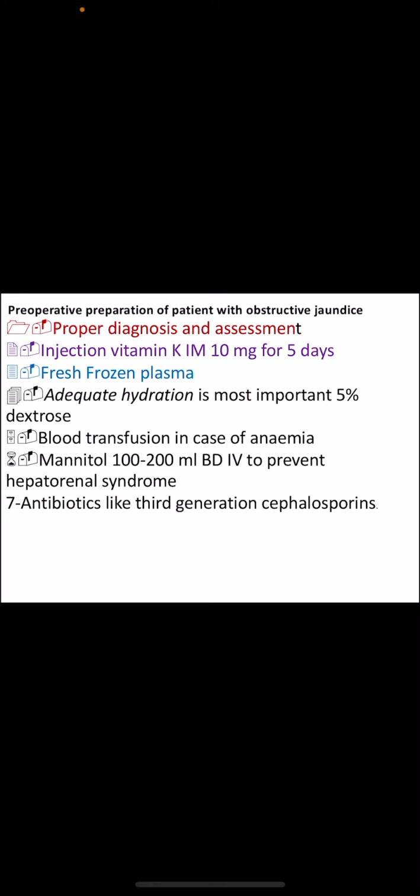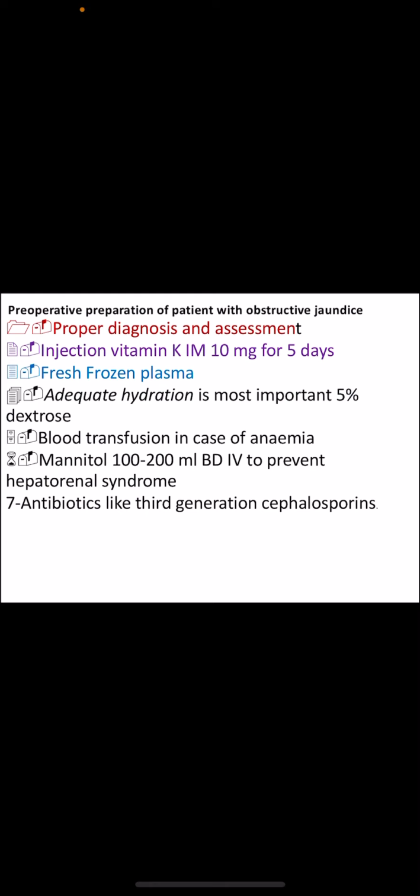First of all, we should do proper diagnosis and assess the patient. We inject vitamin K, as we said, in obstructive jaundice due to stone, for 5 days, because a patient with obstructive jaundice has vitamin K deficiency, and vitamin K is important for the coagulation cascade, including factor 7. So they have prolonged prothrombin time due to deficiency of vitamin K, and therefore we must give them vitamin K to prevent any bleeding during surgery.